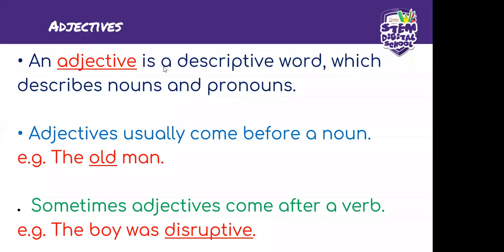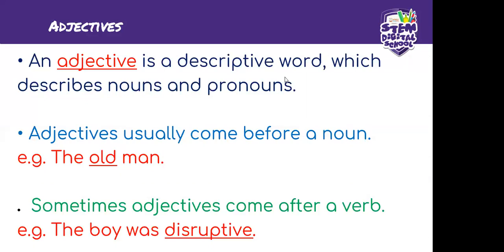An adjective is a descriptive word which describes nouns and pronouns. What does this mean? This means that an adjective is that word which describes a noun or a pronoun. So an adjective tells us more about how a noun is, also about how a pronoun is.